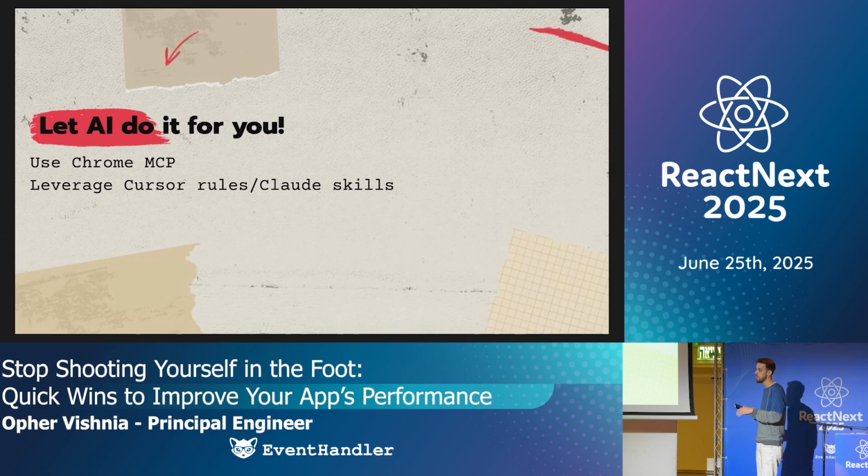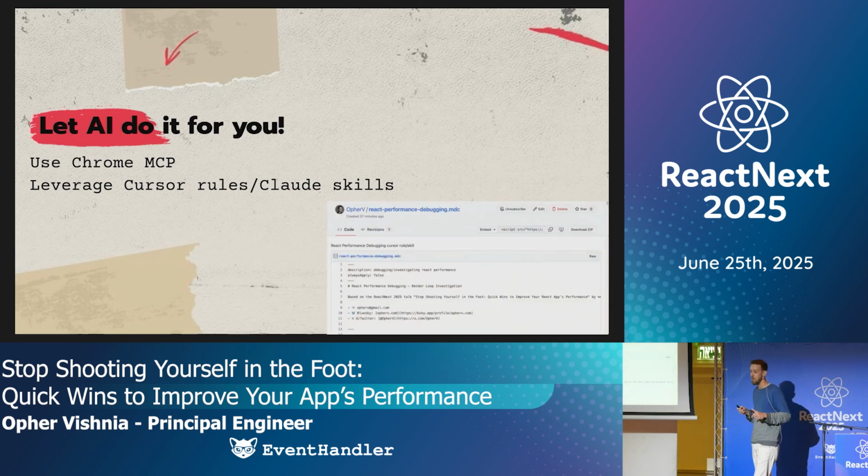So Cursor has its rules and Claude has its skills, but essentially what it means is providing pre-baked context for the agent to start working with. Luckily, I already created this rule for you that you can start using right now. I'll give you a QR code in a few seconds, for you to start working in your environments to give the AI opportunity to debug for you.